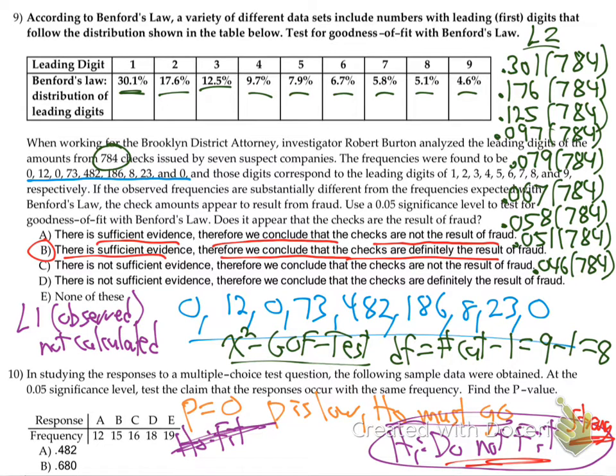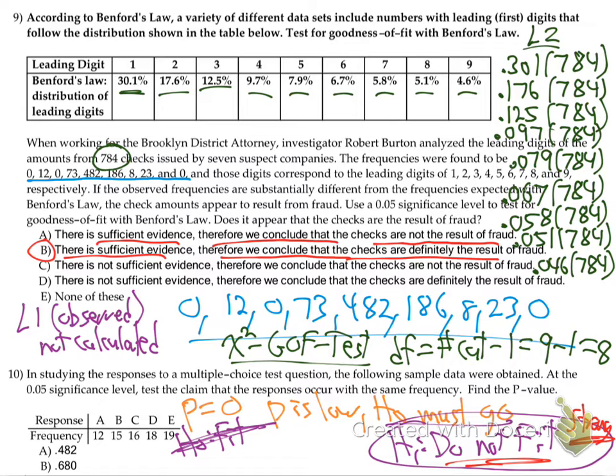So the percentage calculations go in L2. L1 has to get the observed numbers. So don't reverse that. That good? I'm sure there'll be a Benford's law question. So L1 is the null, the claim? No. The observed values. Yeah, it says it right on the exam 4 notes.